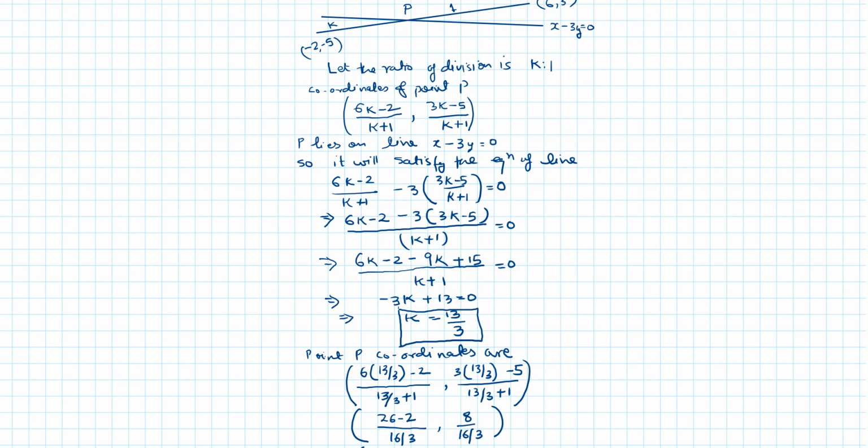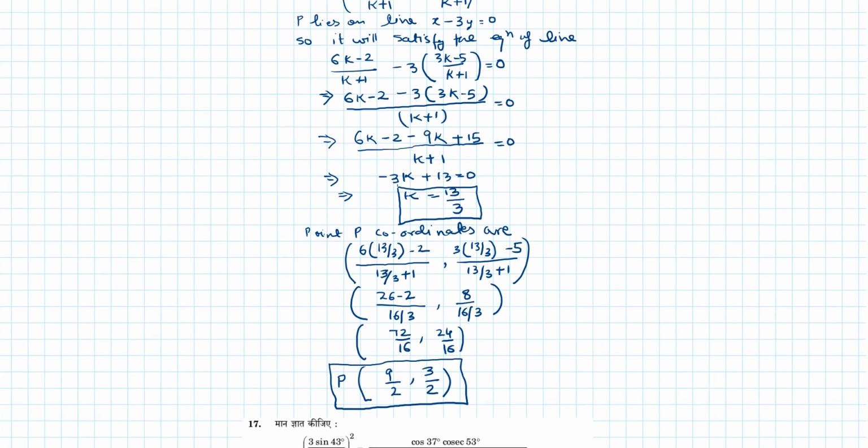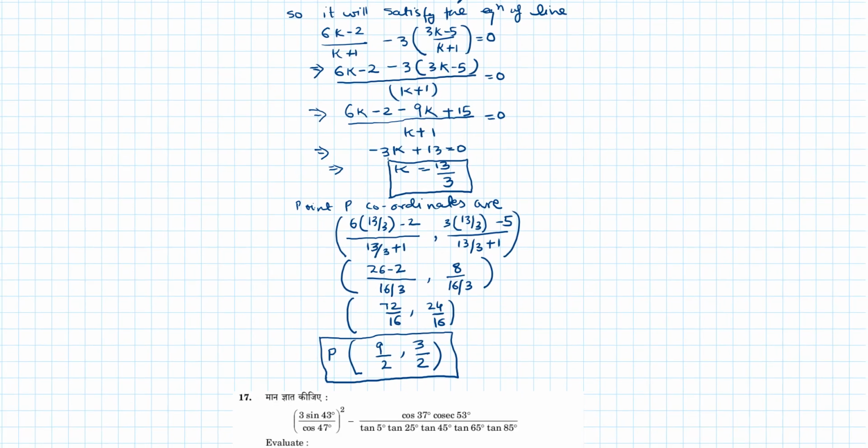So this is the ratio in which the line joining minus 2, minus 5 and 6, 3 gets divided. Finding the coordinates of point P is substituting the value of k into these coordinates, and we get the answer. The coordinates of point P are 9 by 2 and 3 by 2.